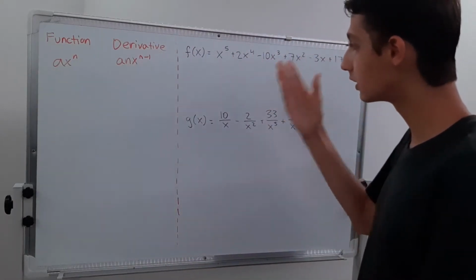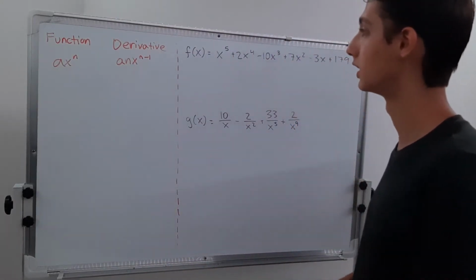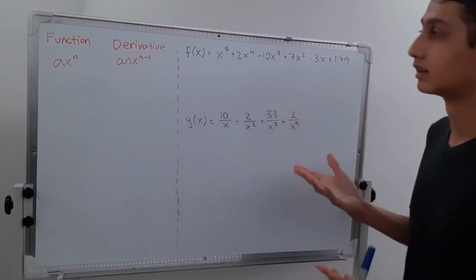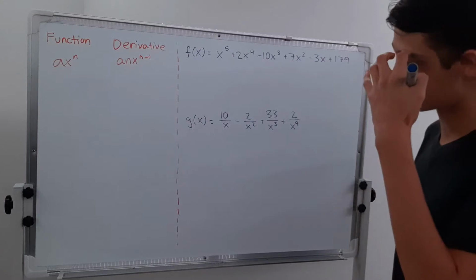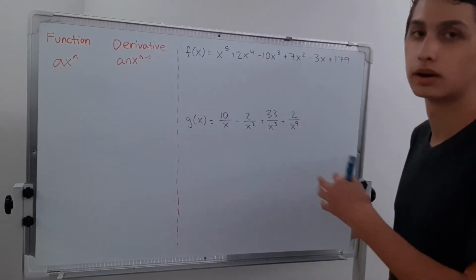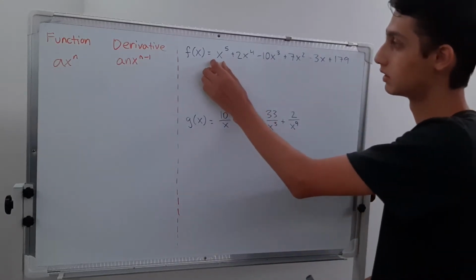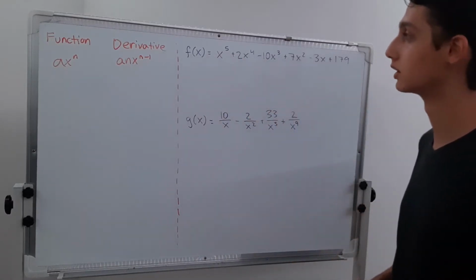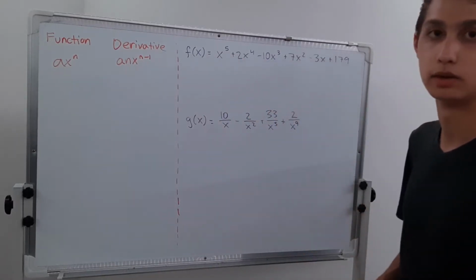So here I have two functions and we are going to evaluate the derivatives of them. They're long, but the good thing about derivatives is that you can do it one part at a time. We do each term individually and then find the whole answer that way.